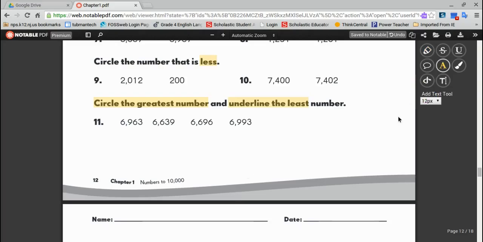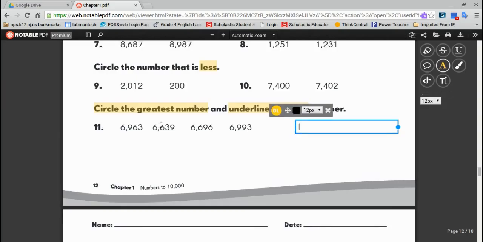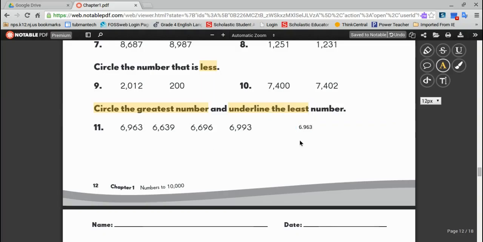So as always that you've been practicing, we're writing the numbers up and down. So let's start with the first one, 6,963. And that's the first number. Now I'm going to write the second number right on the bottom, 6,639.